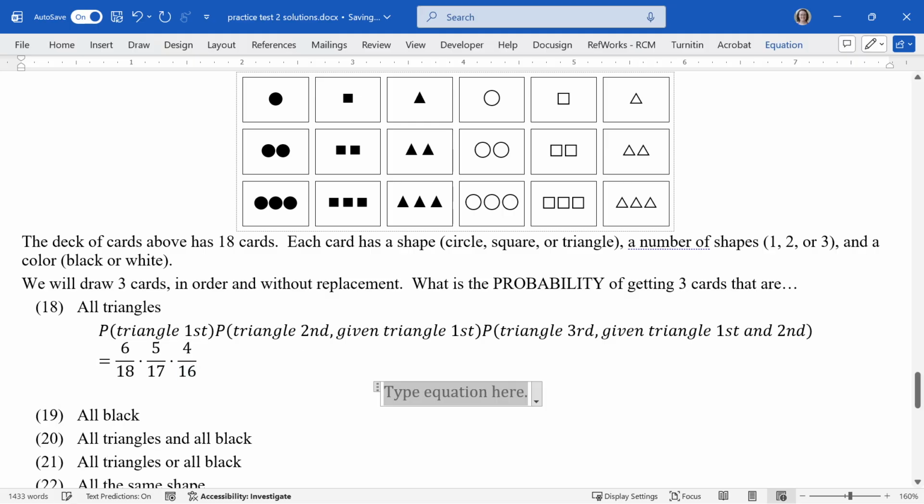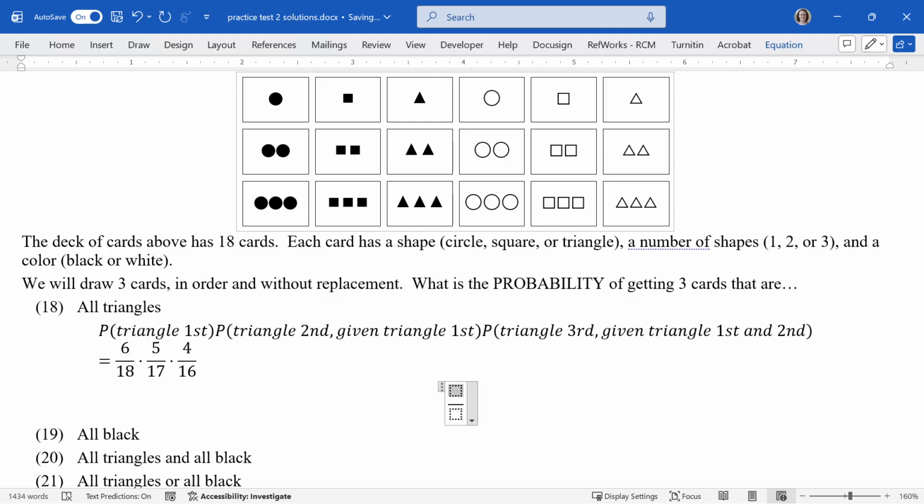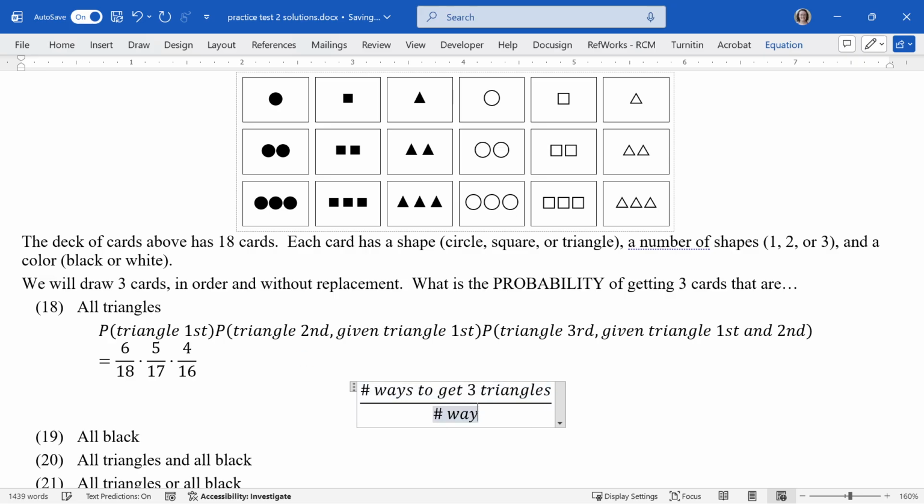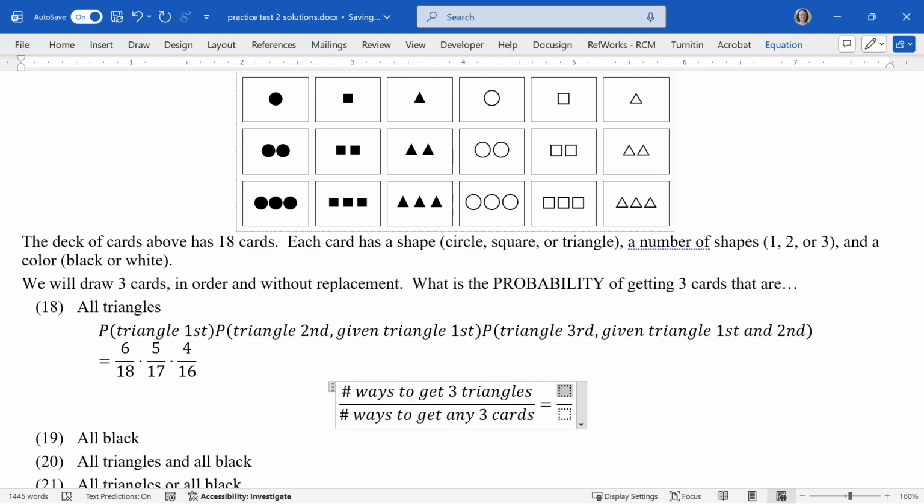Another way you could do this that would be equally good is on top put the number of ways to get 3 triangles, and on the bottom, number of ways to get any 3 cards. Okay, so if you want to do it like this, then you would look at the number of options for the first card, the second card, and the third card. So there's 6 triangle cards, so 6 ways you could get the first triangle.